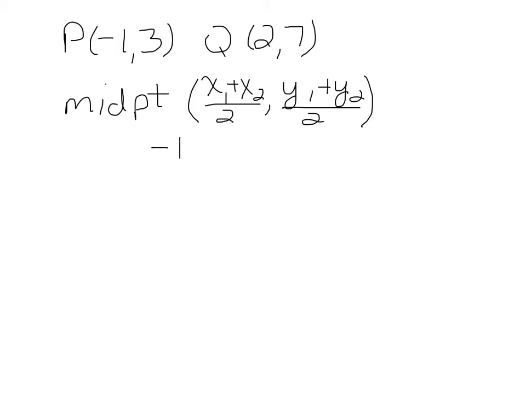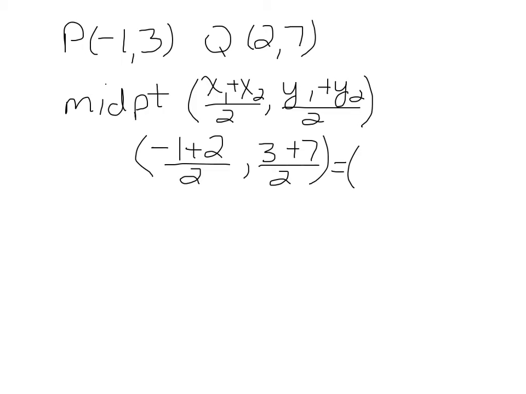So negative 1 plus 2 divided by 2, and 3 plus 7 divided by 2, which is 1 over 2 and 10 over 2, which is 0.5, comma, 5.